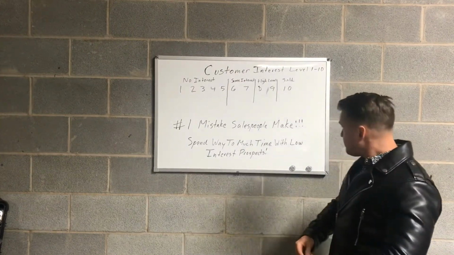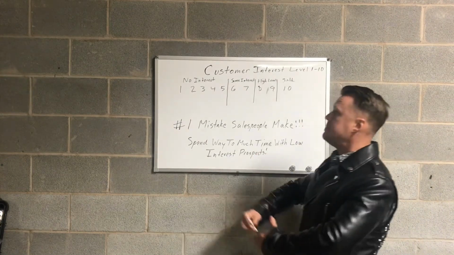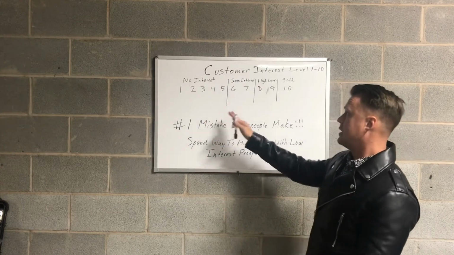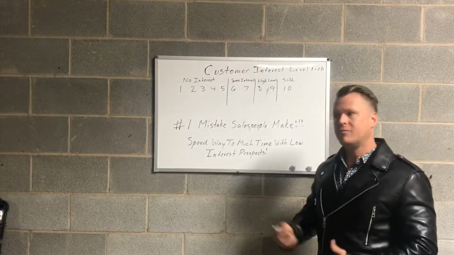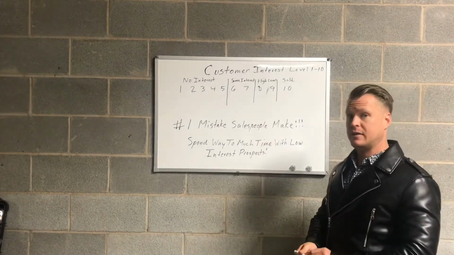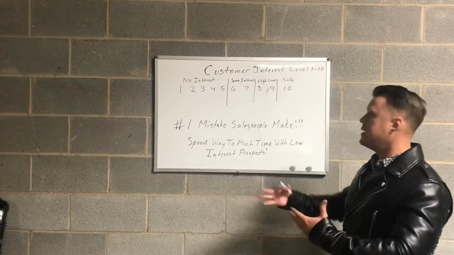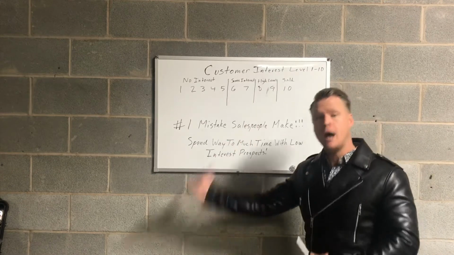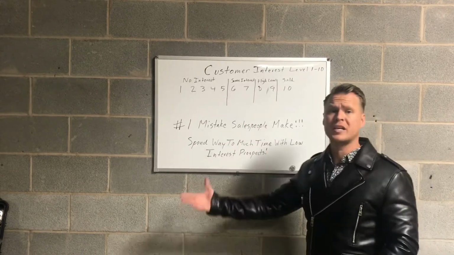The whole goal here is, most people spend way too much time at this level because someone said they wanted to get it done. But just because someone says they want to get the service done doesn't mean there's any level of interest. The best way to overcome that is to focus on more numbers, because it doesn't matter if you're a new or an experienced salesperson.